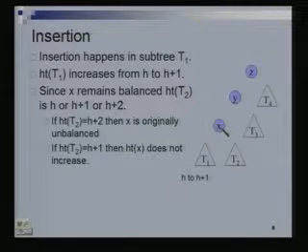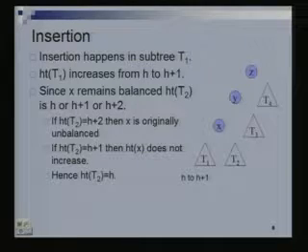The fact that the height of x has increased implies that this cannot be h plus 1, because if this was h plus 1, then the height of x did not increase, it remained what it was before, h plus 2. Everyone follows this? So, this implies the height of T2 cannot be h plus 1, so it has to be h. So, the height of T2 is h.